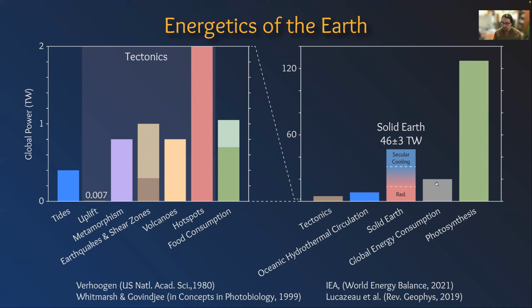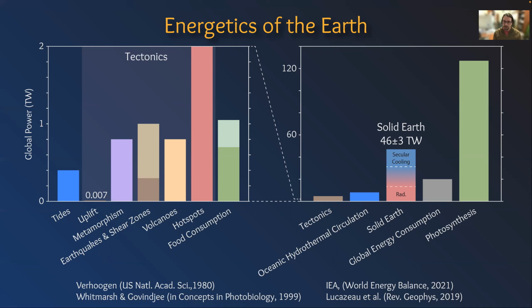As humans, we also consume a lot of energy to heat our homes, fly around the Earth, drive in our cars. All of those things take energy, and the amount of energy that we use currently is about 20 terawatts. So it's approaching half the power that the Earth puts out as a result of cooling, both secular and radiogenic cooling.